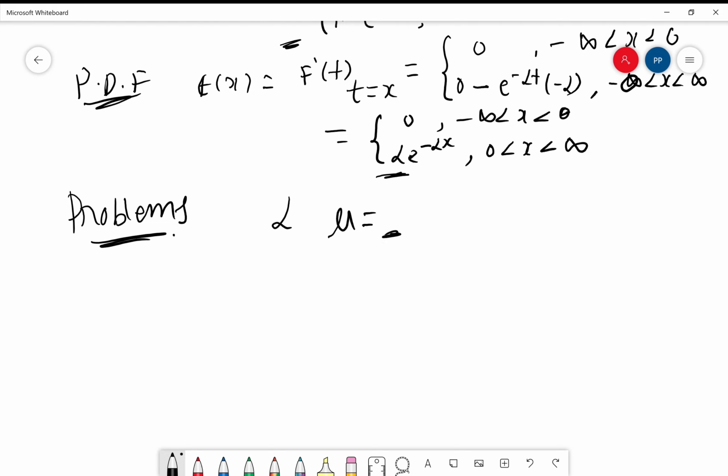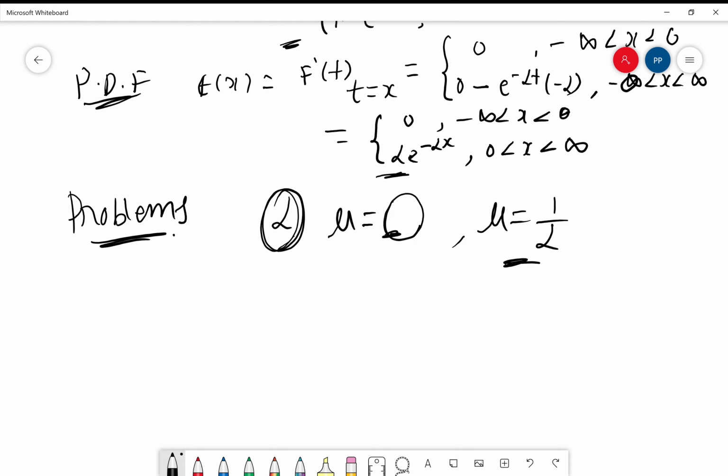Then you're asked to find certain probability values. Now if the mean is given, we require alpha to write the PDF or probability function, and we know that mu and alpha are related: one is the reciprocal of the other. Mu equals 1 by alpha. Take the reciprocal of that mean, you are getting alpha. Then rewrite that function, and using the definition we can easily find the required probability. Now we'll work out a problem.